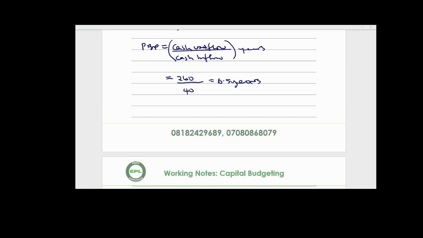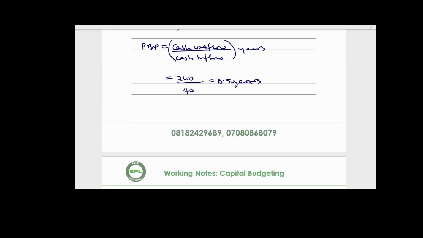For mutually exclusive projects, accept the project with the shorter payback period, provided it is equal to or shorter than the management predetermined payback period. So as far as this question is concerned, the management predetermined payback period is not given to you. Then what is the basis of the acceptability of the project?